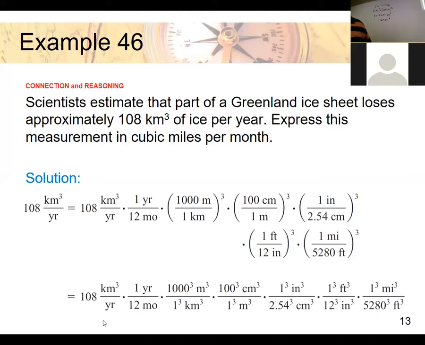Okay, I'm going to need to move this up here so that you'll see what they've done here.